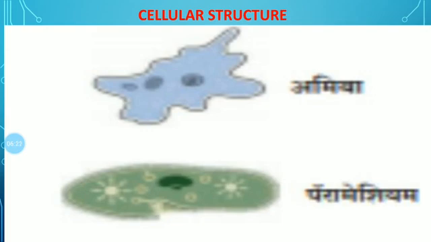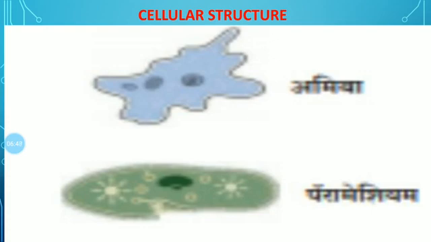On the other hand, the living things that are made of many cells are called multicellular organisms. The living things in which a number of cells come together and form a multicellular organism are called multicellular animals or organisms.